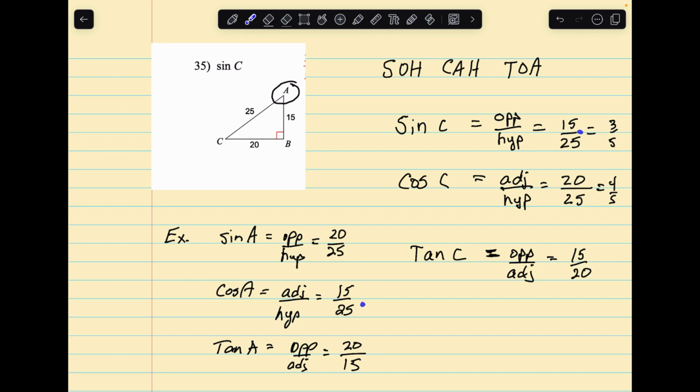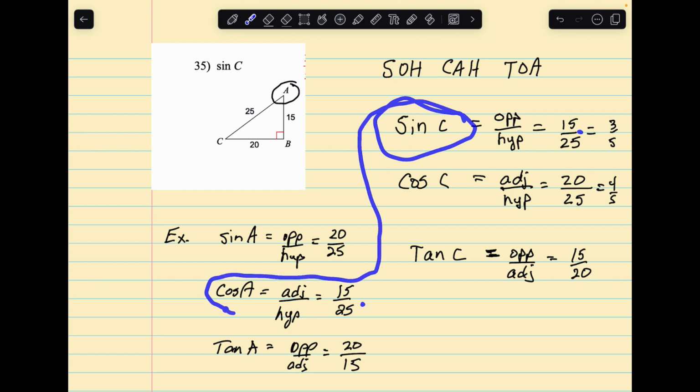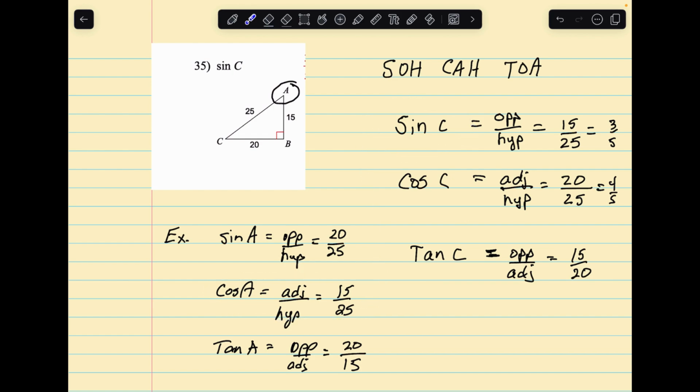The sine of C equals the cosine of A. Crazy, right? But that's what it is. Now, look at this. The tan of C doesn't equal the tan of A. They're reverse. They're flipped. And that's how it works.